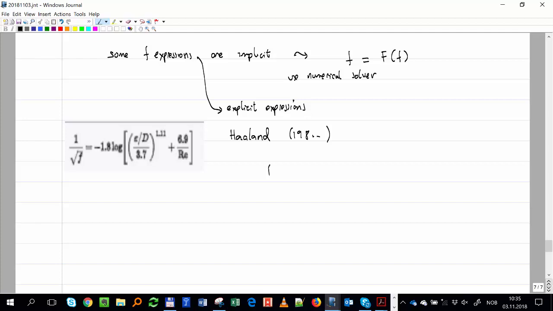It tells you 1 over square root of f is minus 1.8 log of the relative roughness over diameter, we are using phi for diameter, over 3.7. Relatively easy to use and also very accurate. So that's the expression we are going to use.